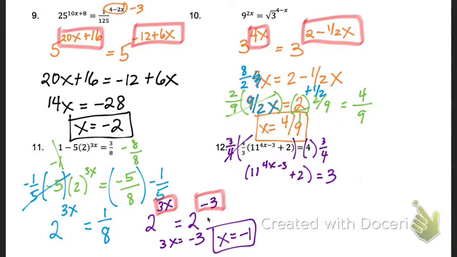The parentheses technically go away. Probably shouldn't have put them there. What do I do next? Subtract 2. 11 to the 4x minus 3 equals 1.